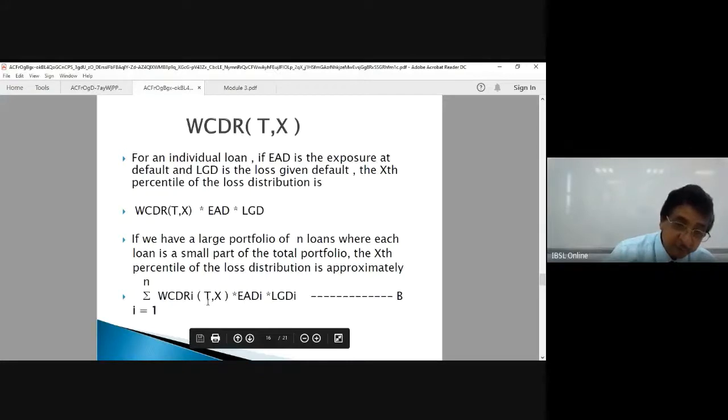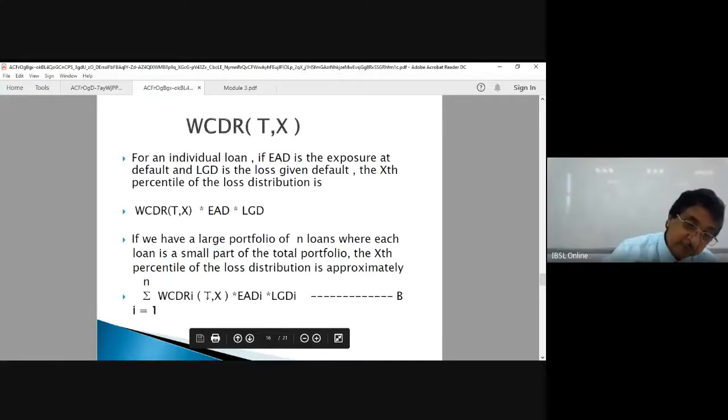Likewise, you have several loans, and worst case default rates for each and every loan, and you need to get EAD and LGD for each and every loan. So that is the methodology to calculate the unexpected loss.